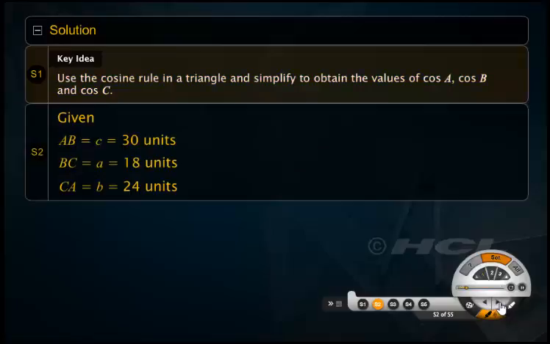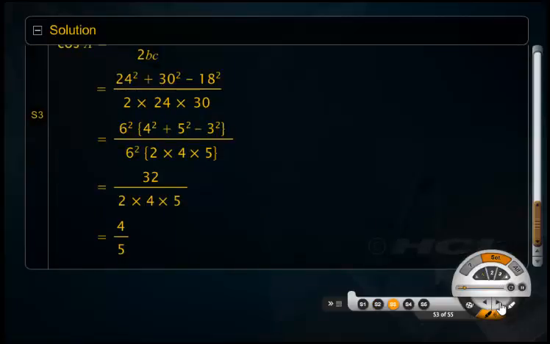We are given that the lengths of the sides AB, BC and AC are 30, 18 and 24 units respectively. Apply the cosine rule for cos A and substitute the corresponding values. Thus, on simplification, we get the value of cos A as 4/5.